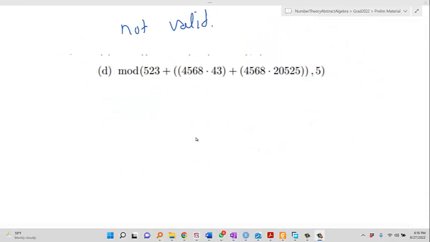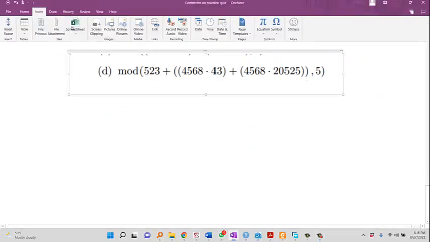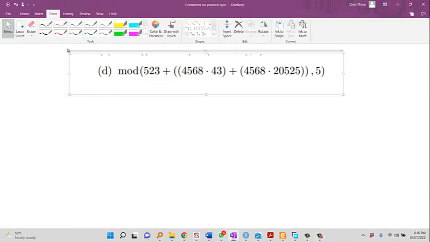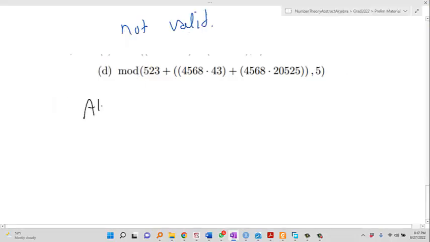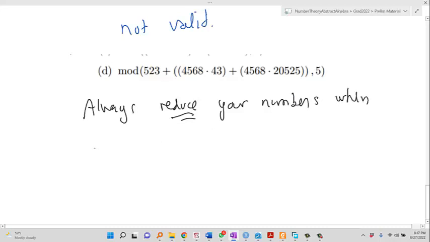All right, well, this next problem illustrates a very important principle and one that's quite general when dealing with modular arithmetic. You should always reduce your numbers before working with them. So always reduce your numbers when working in mod n.